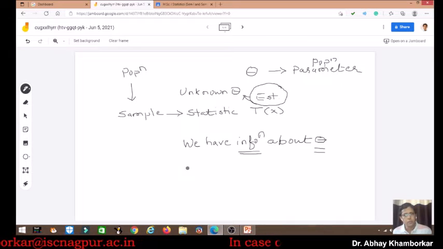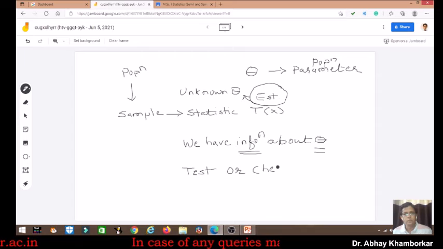So we are going to test or check whether this information about parameter theta is correct or wrong, true or false.